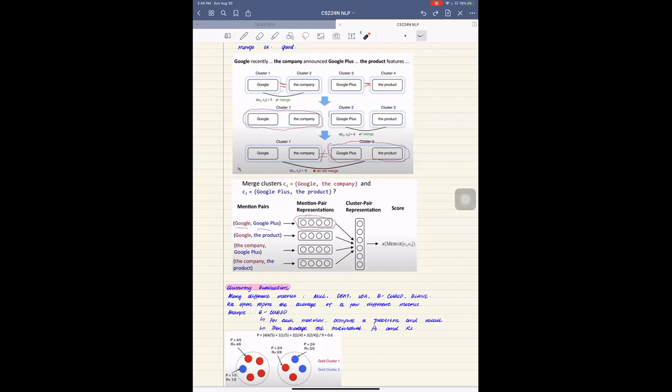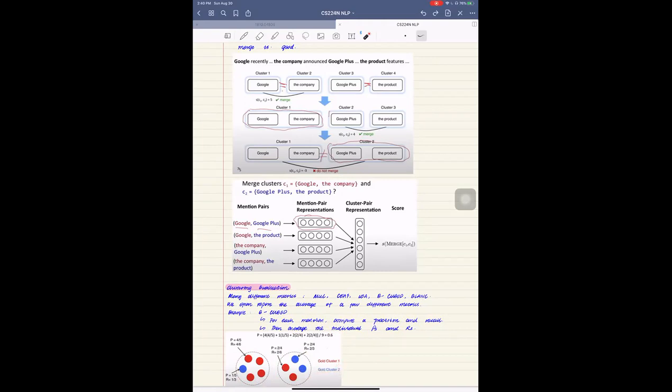So basically, for each mention, B-cubed is going to compute a precision and a recall. Then we're going to average the individual precisions and recalls over the observations. For example, suppose we have the 2 clusters right here, that one and this one here. Suppose the red represents the gold cluster, and this is another cluster right here, cluster 1 and cluster 2.